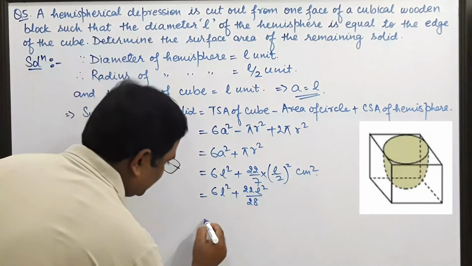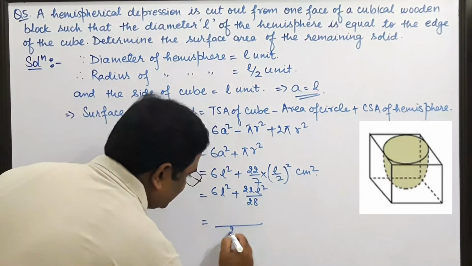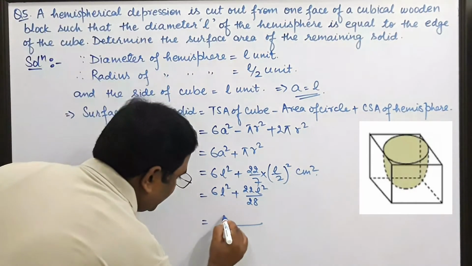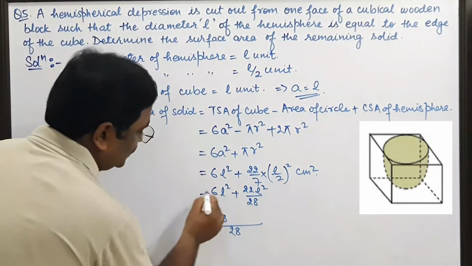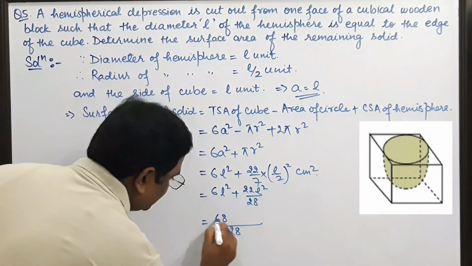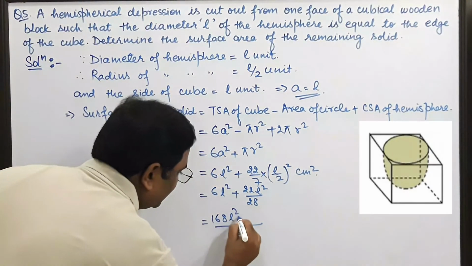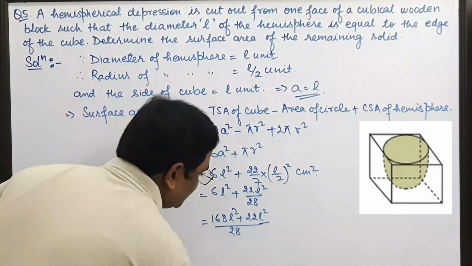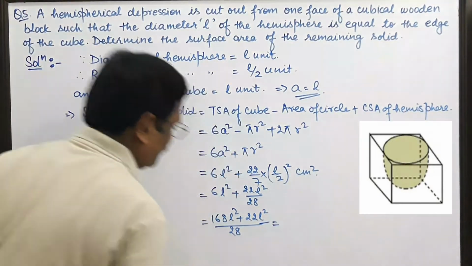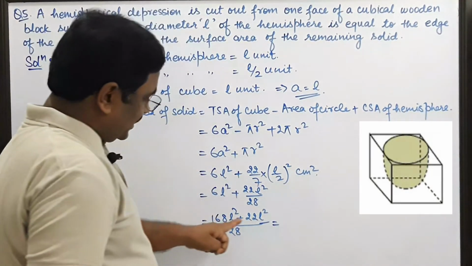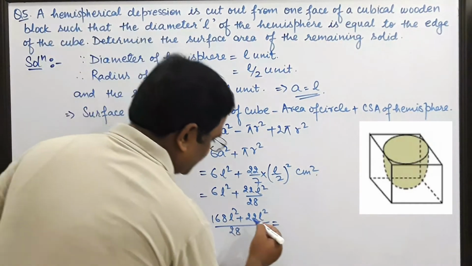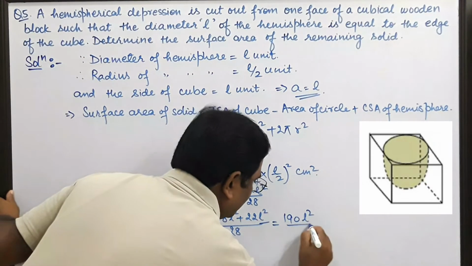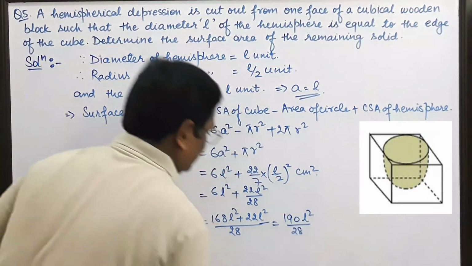Now simplify it. 28 is the LCM. So it can be written as 6 8s are 48, 6 2s are 12, plus 4 is 16, L square plus 22 L square, which can be written as 168 plus 2 is 170, plus 20 is 190 L square upon 28.